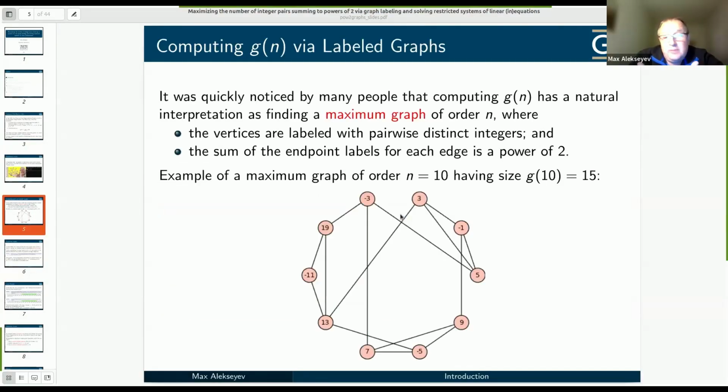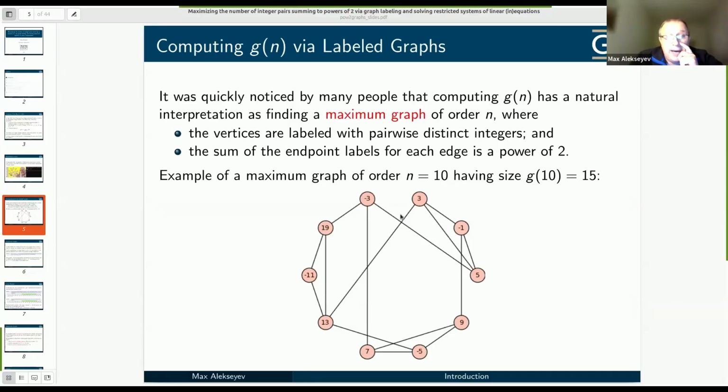In particular, it was quickly noticed that computing the value g of n has a very natural interpretation in terms of graph theory. Basically, we want to find a maximum graph. Maximum here is in terms of the size, the number of edges. So we fix the order of the graph, that is the number of vertices, let's say n, and we look for a graph with the largest possible number of edges.